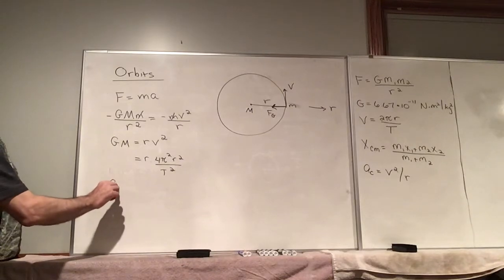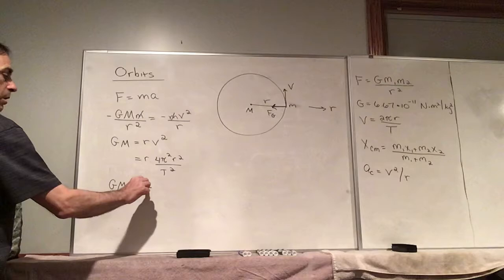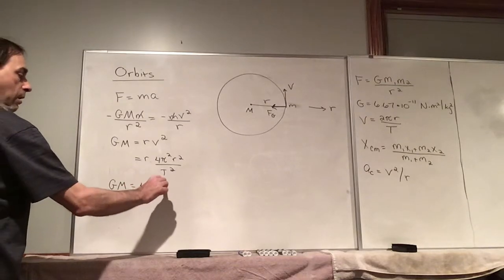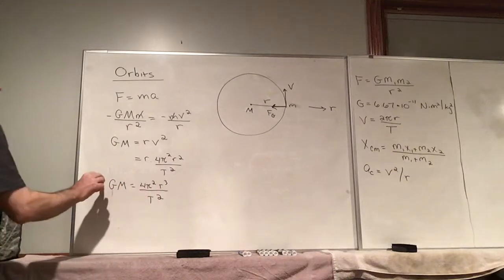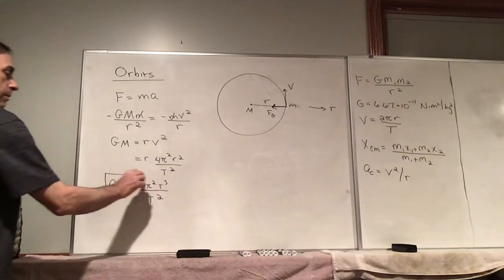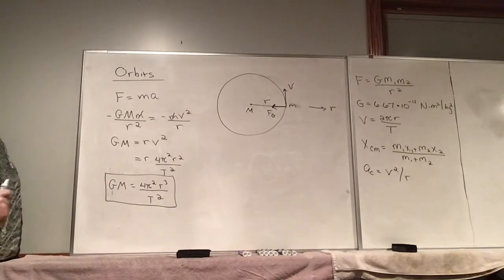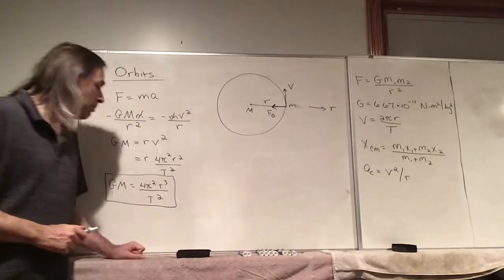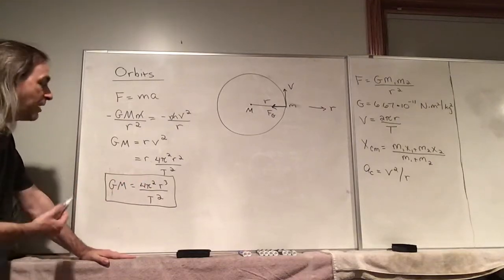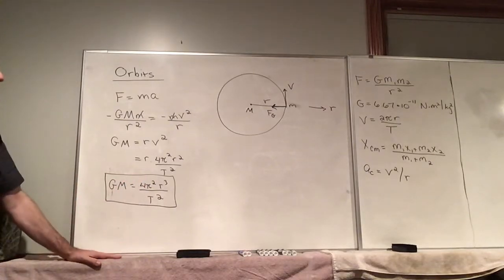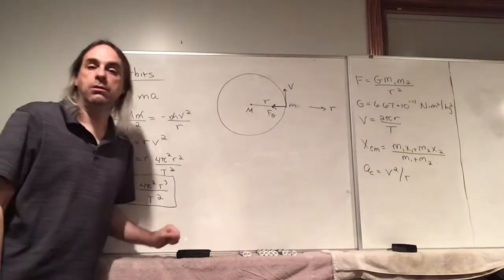We have G times big M equals 4 pi squared r cubed over T squared. And I'm going to put a box around this. You could rearrange things a little bit, but essentially, what we have here is an extremely important equation. This is one of Kepler's laws.